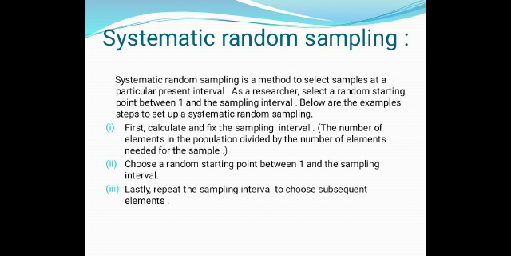Below are the example steps to set up a systematic random sampling. First, calculate and fix the sampling interval. Then choose a random starting point between 1 and the sampling interval. Lastly, repeat the sampling interval to choose subsequent elements.